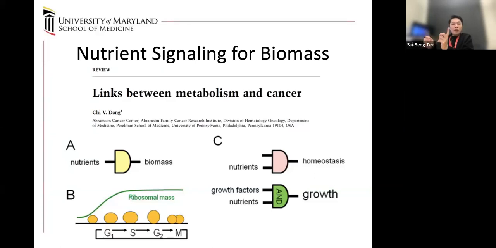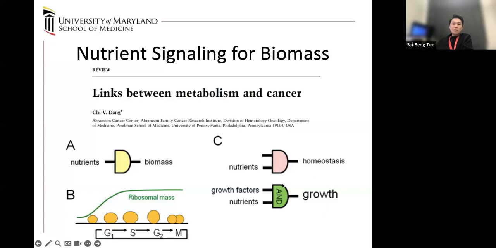So there's a one-to-one output and input between nutrient availability and building biomass in terms of dividing. However, if you are a little more complex, for example, if you are a metazoan with multiple tissues and organs and have many cells, then you need more than a single input to signal growth and proliferation, right?